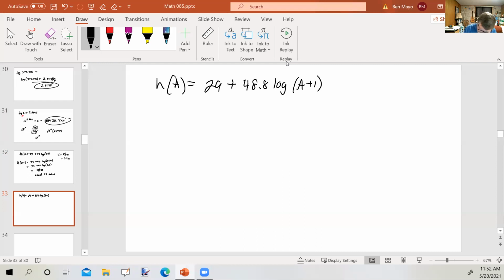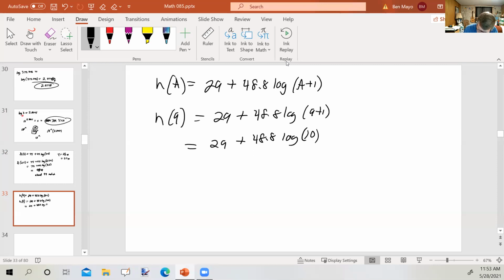So basically, we're trying to find h of 9, which would be 29 plus 48.8 log of 9 plus 1, which would be 29 plus 48.8 log of 10. So on the calculator, 29 plus 48.8 log of 10, and I'm getting 77.8, so that would be 77.8%.